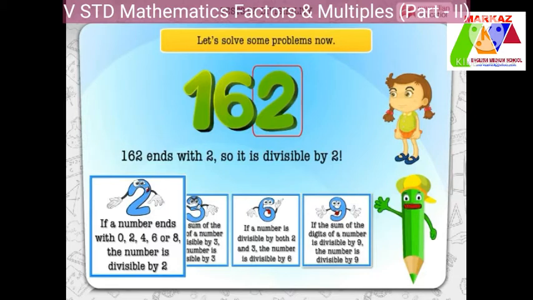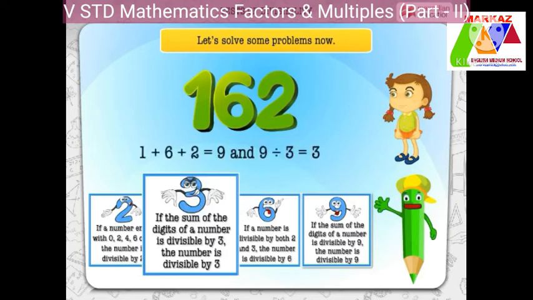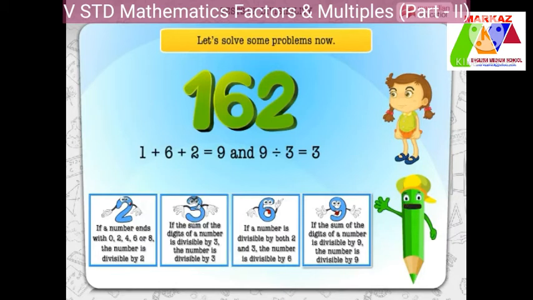162 ends with 2, so it is divisible by 2. Is 162 divisible by 3? Let me see. 1 plus 6 plus 2 is equal to 9, and 9 is divisible by 3. So, 162 is also divisible by 3. Is 162 divisible by 6?